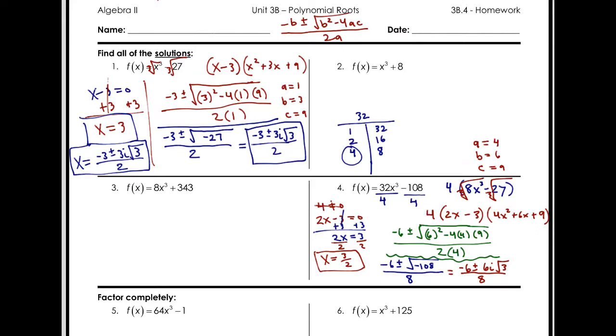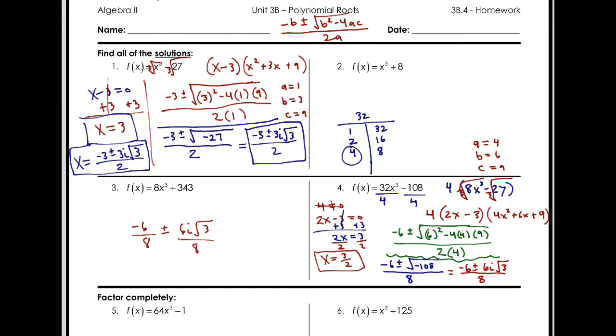All right, so let's split that. So we have a negative 6 over 8 plus or minus 6i radical 3 over 8. Remember, you never touch what's underneath the radical. So really, we're just looking at these numbers here and these numbers here. And then see if you can simplify. Just type the fraction in your calculator exactly like that.